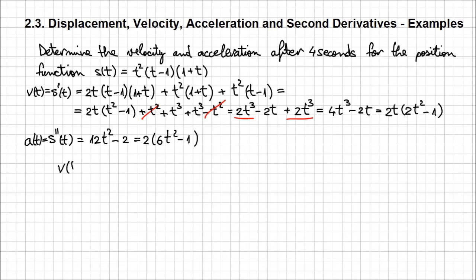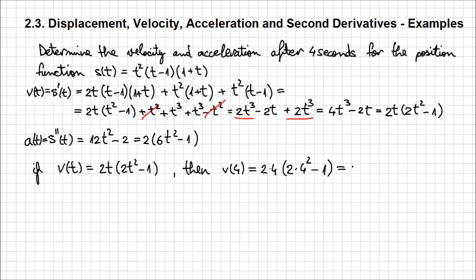If velocity v of t equals 2t times 2t squared minus 1, the expression we just found, then the velocity after 4 seconds, so v of 4, is going to be, just replace everywhere we have t in this expression with the value of 4. So it's going to be 2 times 4 times 2 times 4 squared minus 1, and this is 8 times 31, or 248.